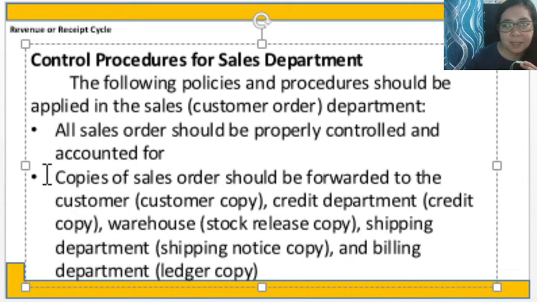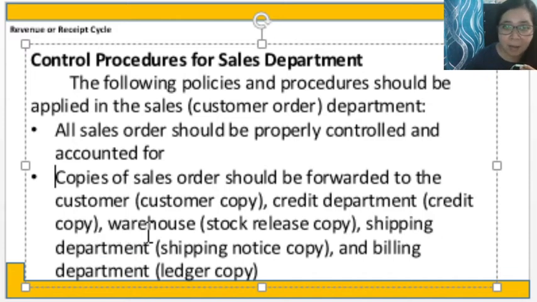Another is copies of sales order should be forwarded to the customer, who should have a copy, and the credit department, because in this case, the credit department will need it for the determination of the amount of the accounts that will be collected or collectible from the customer.